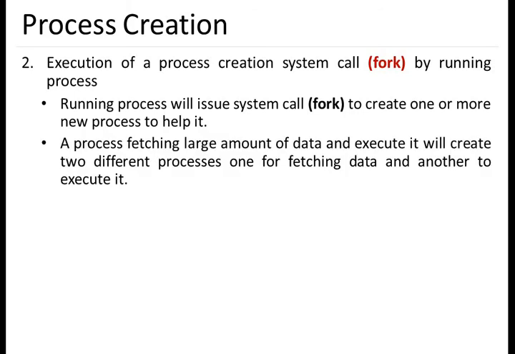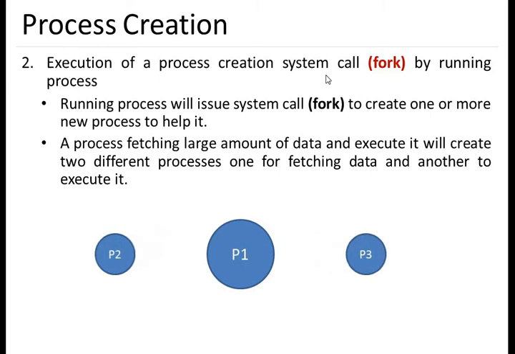For example, you are executing a task that involves fetching a large amount of data and executing it. So it will create two different processes, one for fetching data and another to execute it. This is your main process, which executes the fork system call, and using fork you can create two processes P2 and P3, where P2 fetches the large amount of data and P3 just executes this data.